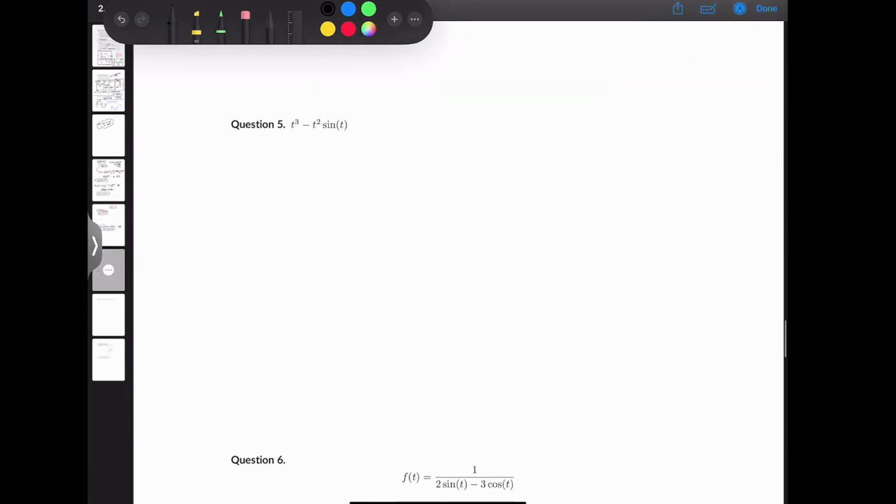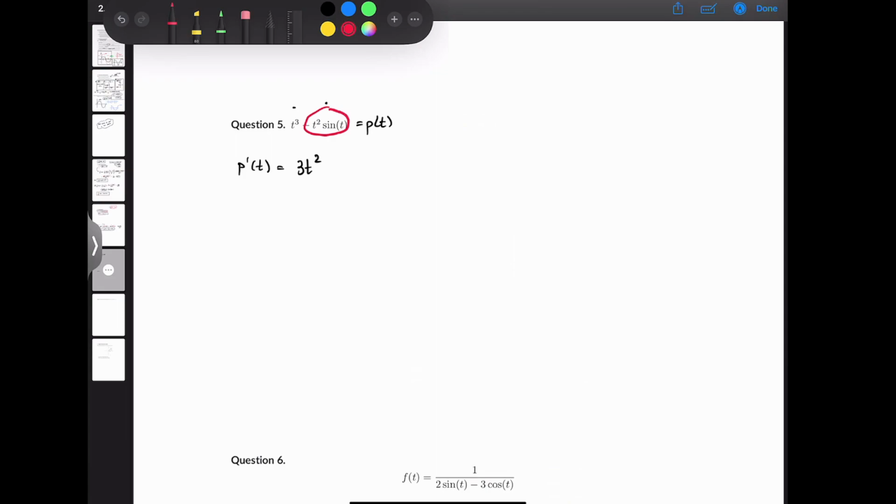All right. Let's take another peek here. This function doesn't have a name. Let's call it p of t. And we want to find p prime of t. Well, here I have a sum of two terms. Again, differentiation splits over those. I know my first term will be 3t squared. And then my second term here, minus t squared sine t, this is a product of two functions, right?